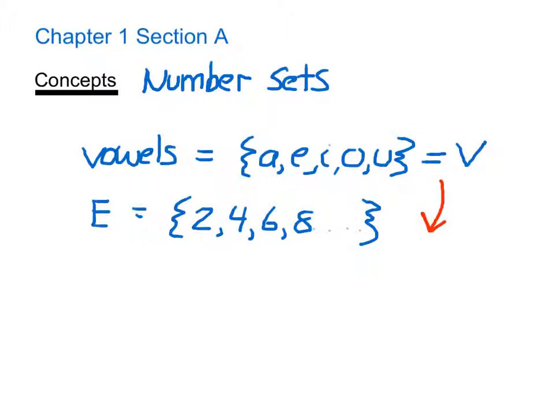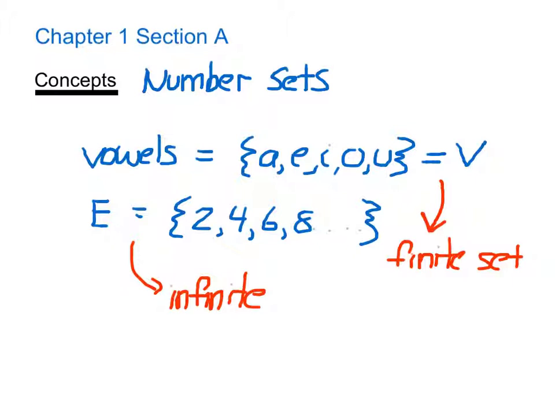The vowels are an example of a finite set because there are only five elements in this set. Even numbers are an example of an infinite set because we could never list all of the even numbers in the real set of numbers.